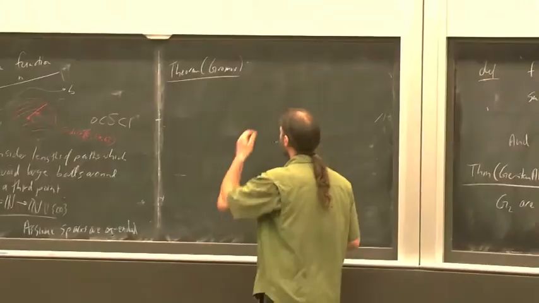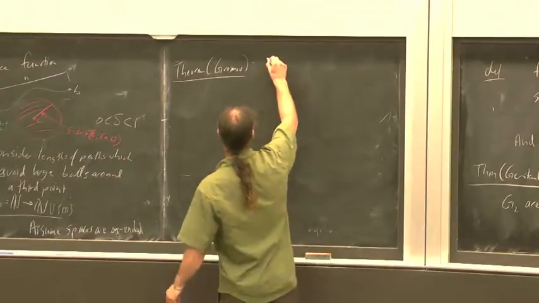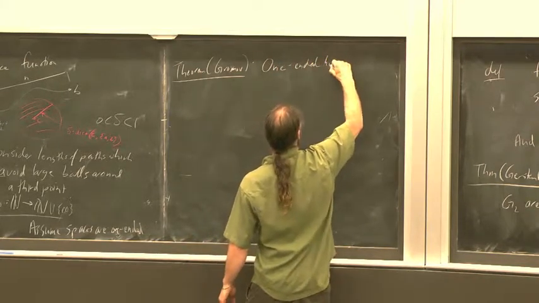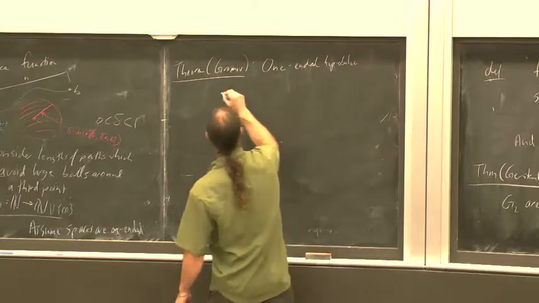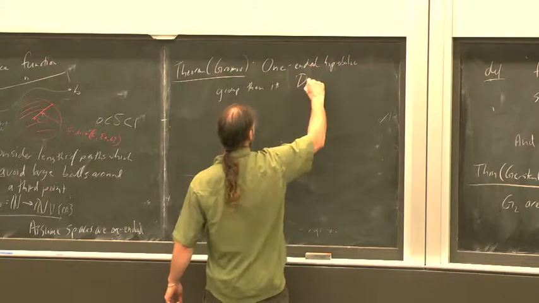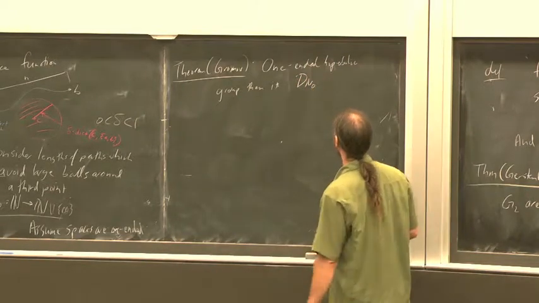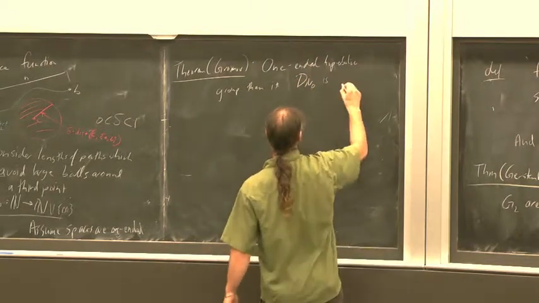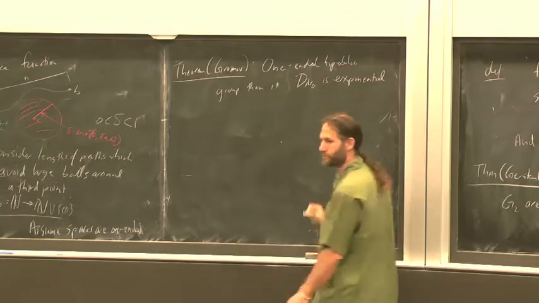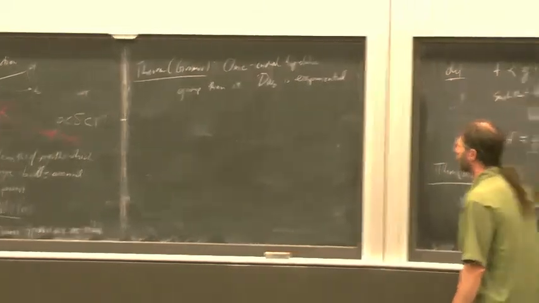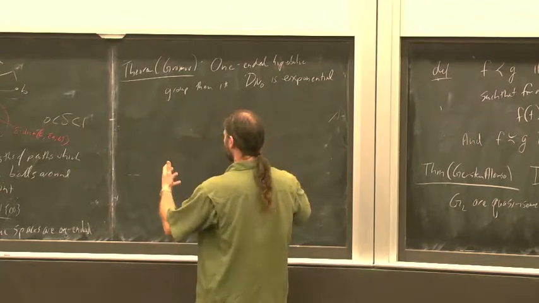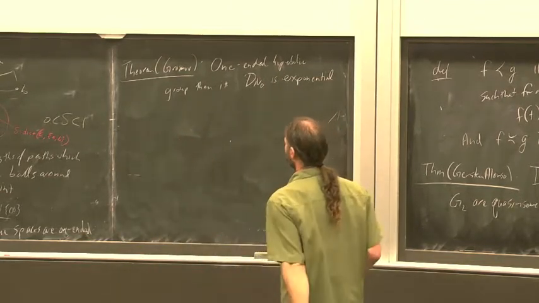So if you have a one-ended hyperbolic group, then its zero-dimensional divergence function, its div sub 0, is exponential. Actually, maybe before that I should have had a pre-theorem, but in the order that these things were defined, that was maybe the first theorem.